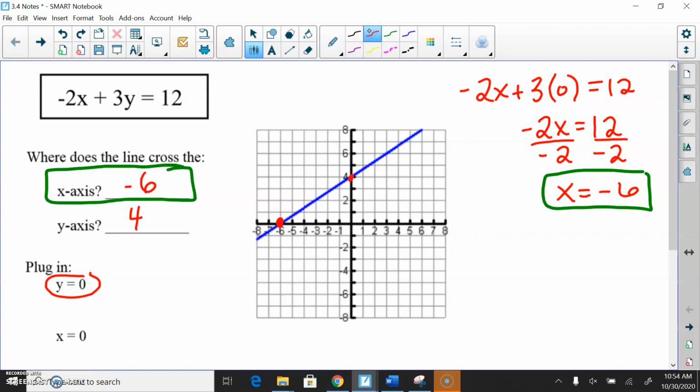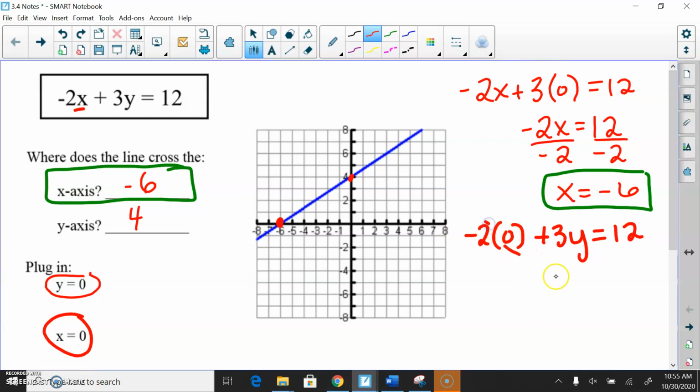Okay, we can do the same thing and plug in 0 for x and see what happens. So we're going to go -2 times 0 plus 3y equals 12. So we just replace the x from the original equation with 0. So that -2 times 0, anything times 0 is 0.